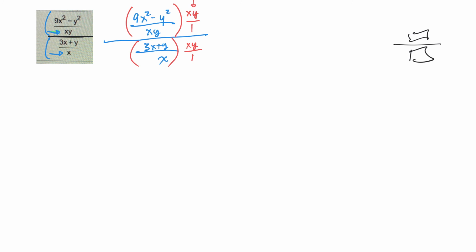Because now what I can do is, there's an xy on the top, xy on the bottom, cancelled. So all I really have on the top now is 9x squared minus y squared all over 1. But you don't have to write the 1. All over this one, the two x's cancel. So I'd be left with 3x plus y times y.